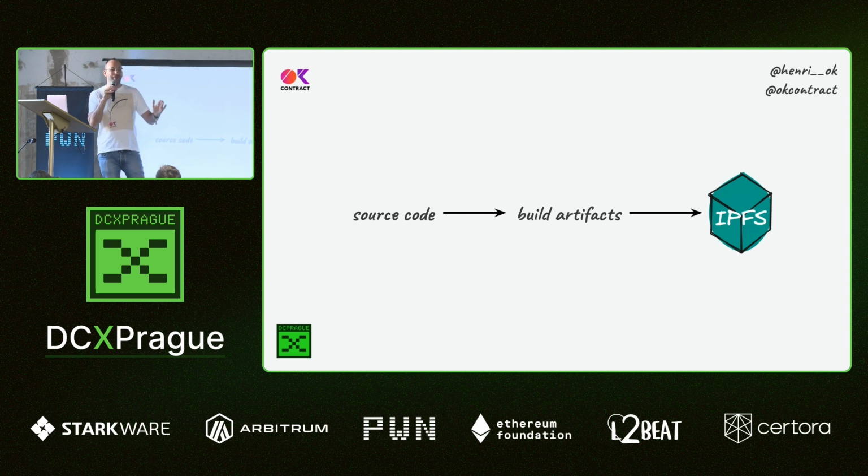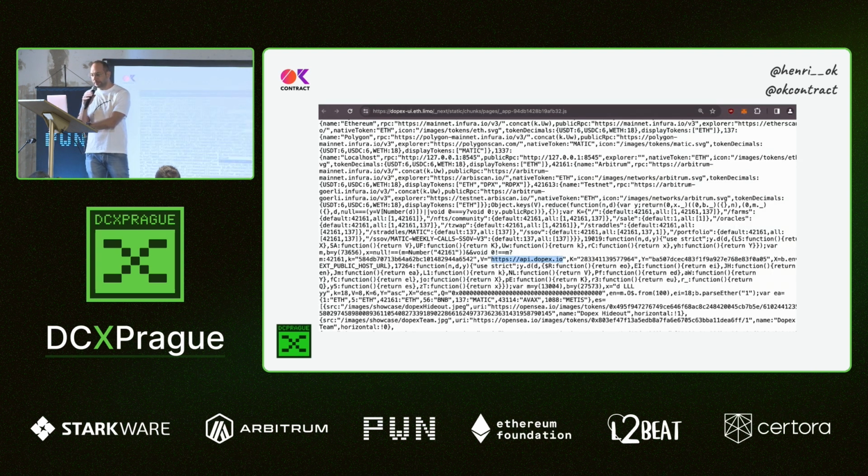And somehow you manage to build it successfully and repeatedly with reliability. And you say, okay, this is what I'm putting on IPFS, and now my protocol has a decentralized front end. And we've seen a lot of projects mentioning this that way.